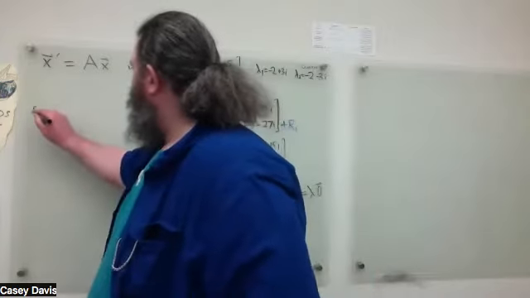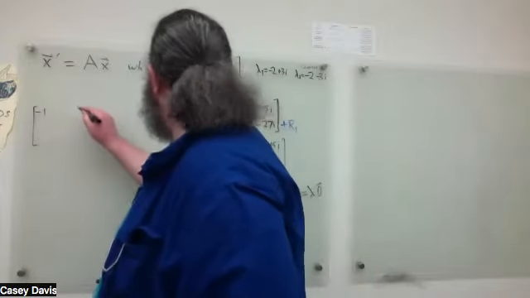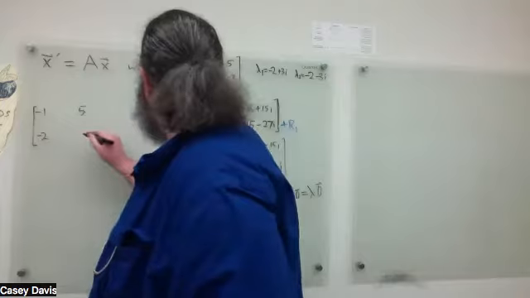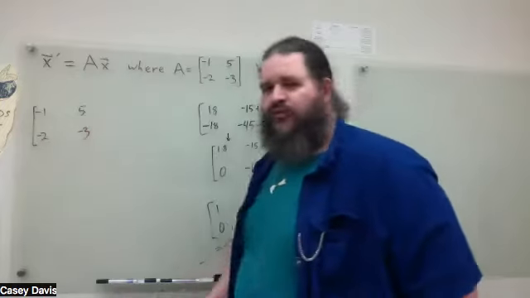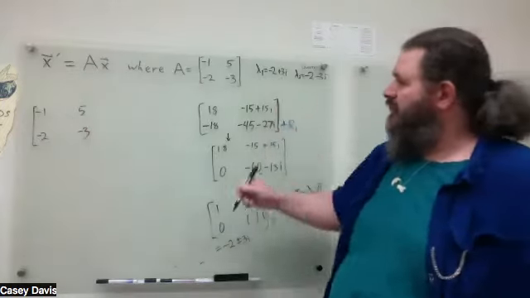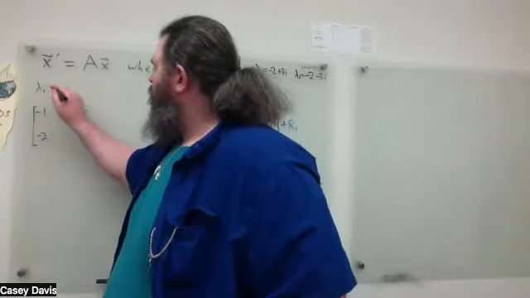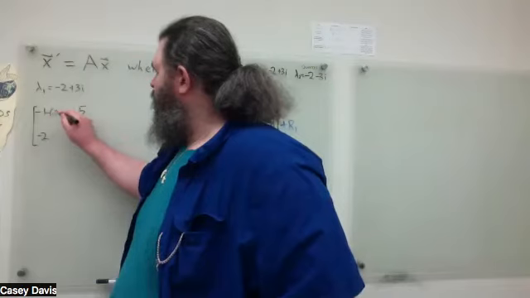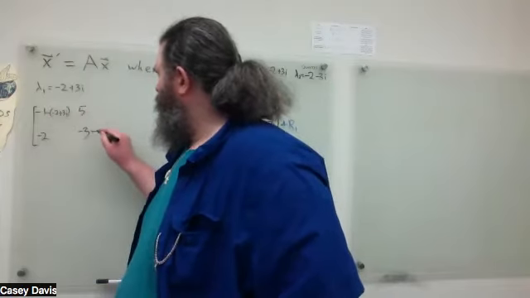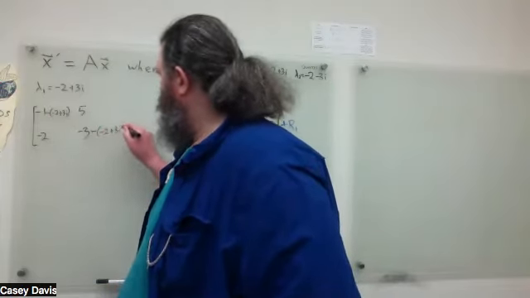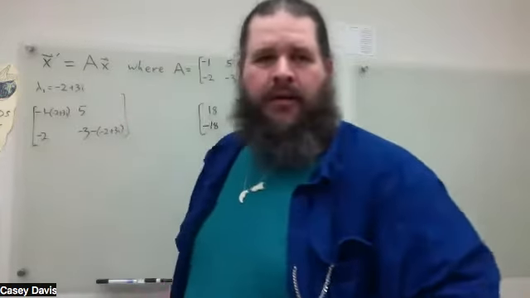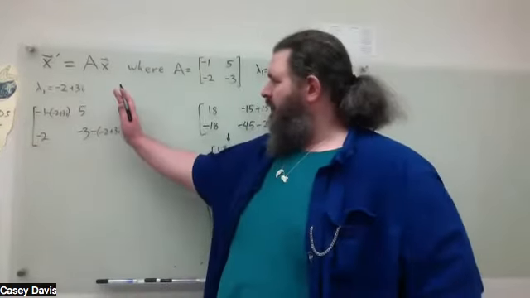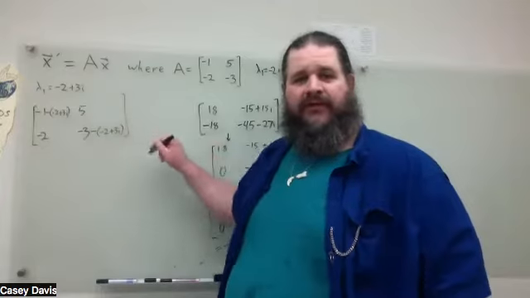Starting with the same matrix, but we're subtracting, let's say, the first eigenvalue from everything on the main diagonal. And again, imagine this is augmented with the column of 0, 0.